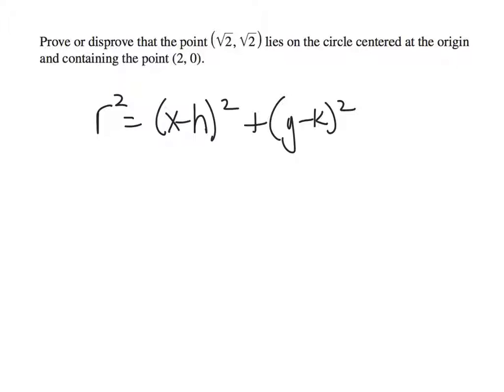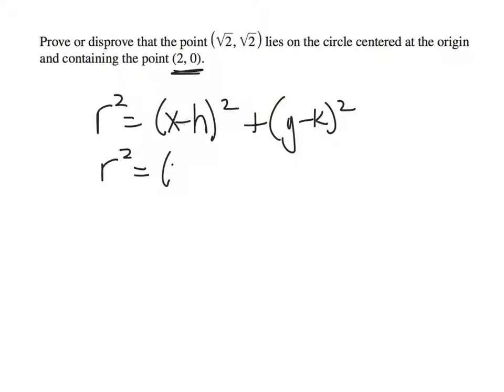Well, we have this formula: r squared equals x minus h squared plus y minus k squared. And we know that it contains the point 2, 0, so let's find the radius.